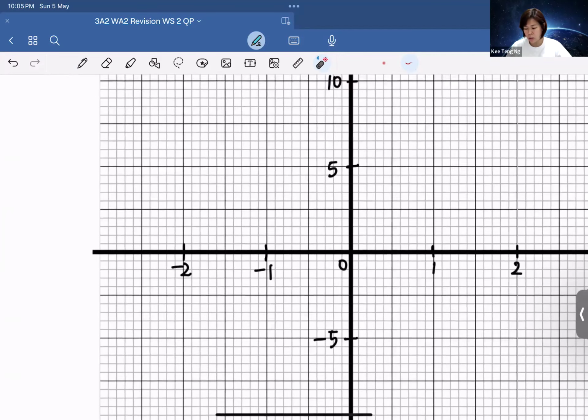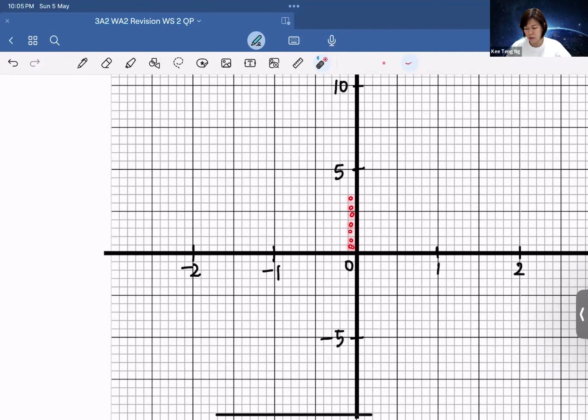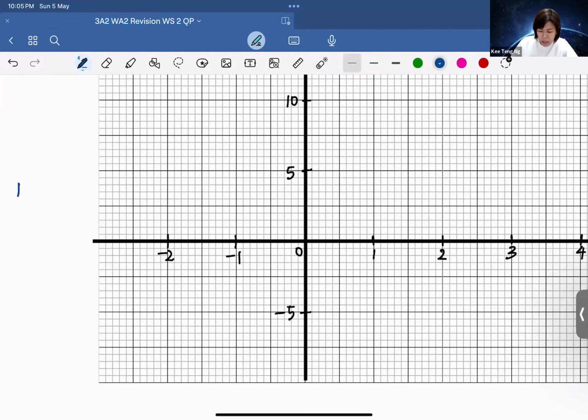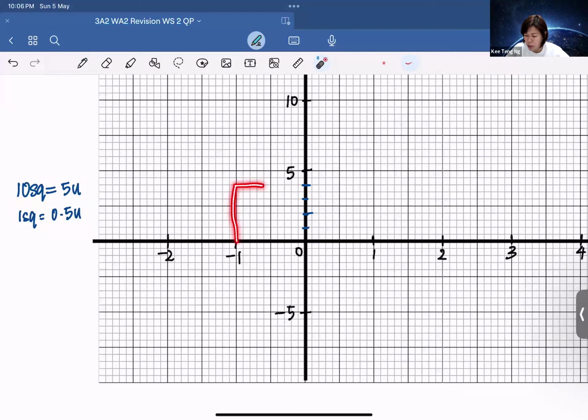There are 5 units, and there are 10 squares over here. 10 squares represent 5 units, so I divide by 10, and 1 square represents 0.5 of a unit. So I want -1, 4. That will be 1, 2, 3, 4 squares up. So -1, 4 will be the point over here.